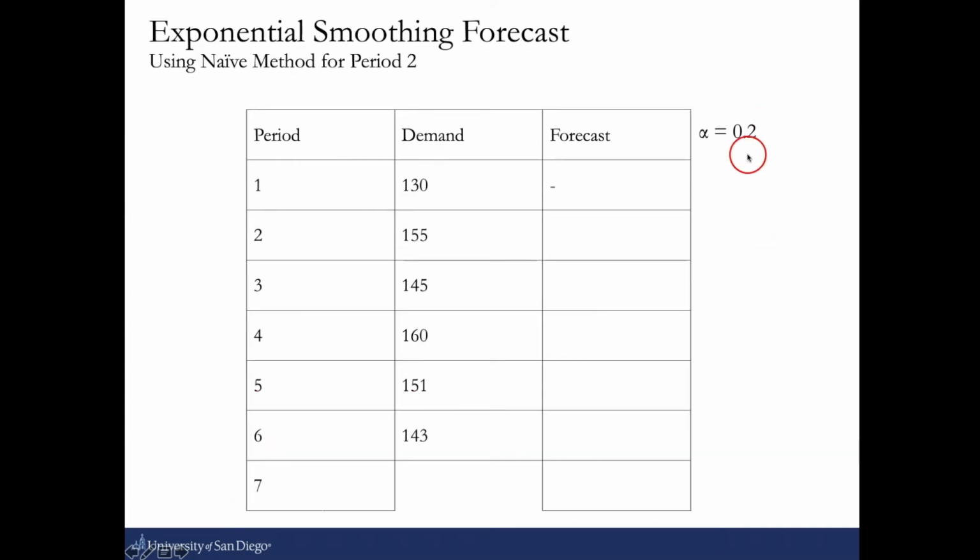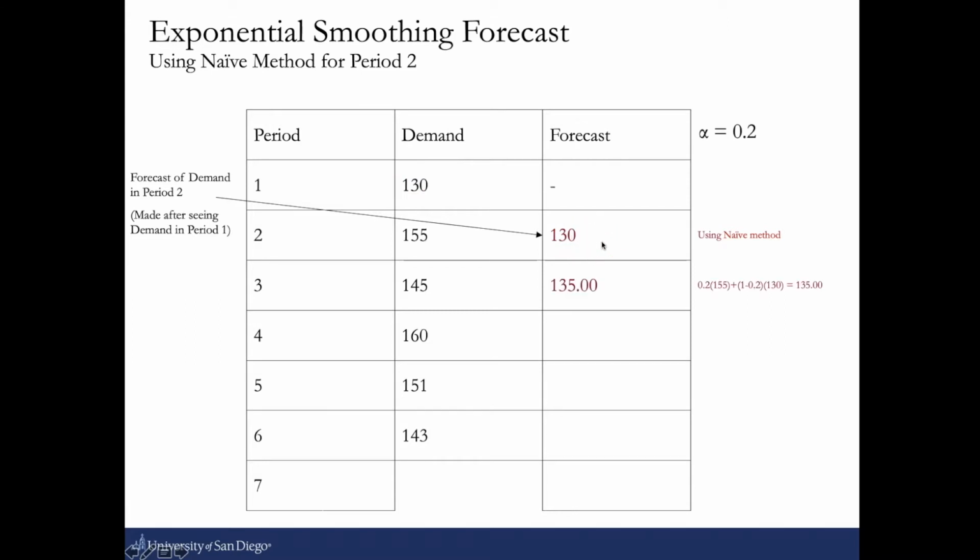So let's take the first option in our example in the next slide. So again, I have alpha equal to 0.2 here, and I use the naive method to get my forecast for period 2 based on the actual demand in period 1. I get 130. With that, I can now start to use the exponential smoothing forecast method for period 3 onwards.